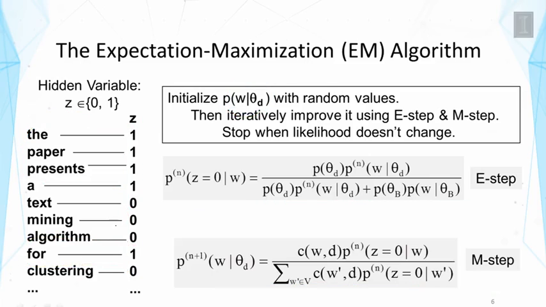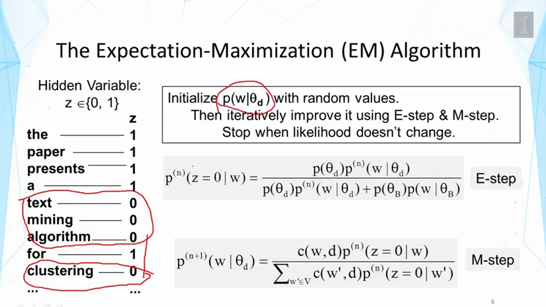So let me also illustrate. We can group the words that are believed to have come from theta sub d, and that's text, mining, algorithm, for example, and clustering. And we can group them together to help us re-estimate the parameters that we're interested in. So these will help us re-estimate these parameters.